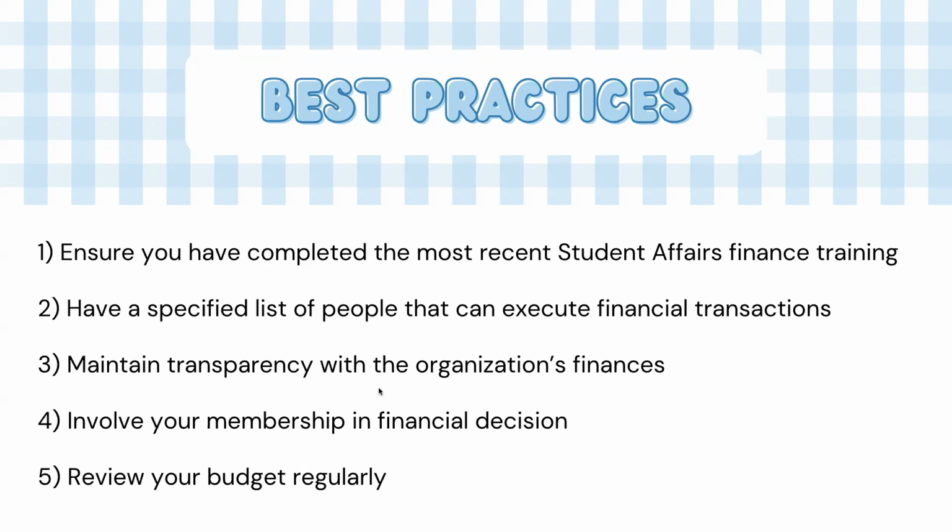It also helps to get buy-in from the group on what direction you're going. So as you're goal setting with both your organization's goals and your financial goals, include your general membership in that, and keep people up to date on where your finances stand, just so that everybody has a solid picture of what is happening with your group.